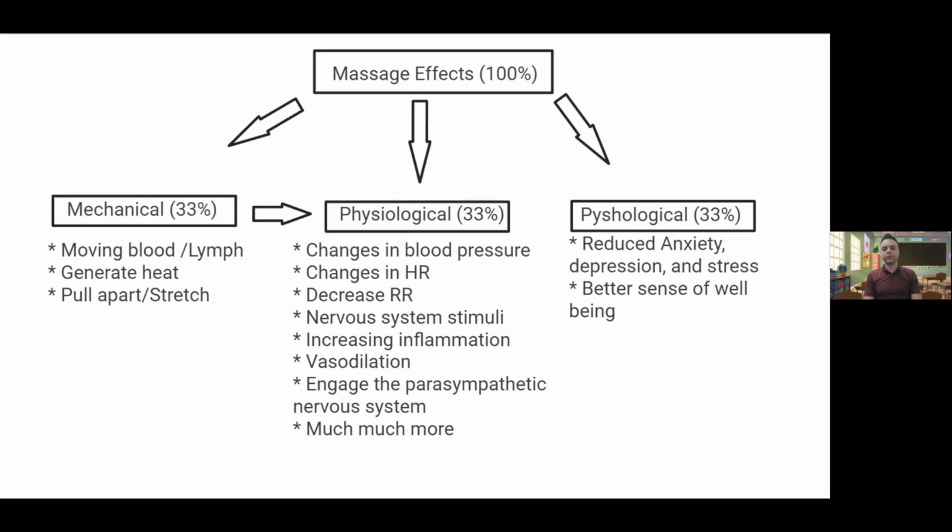So if we pay more attention to the mechanical and psychological categories, we can safely assume that anything else that is an effective massage, which after this video you should recognize, would then belong in the physiological category. So let's take a look at the simplicities first.